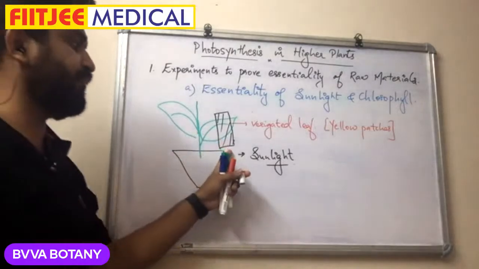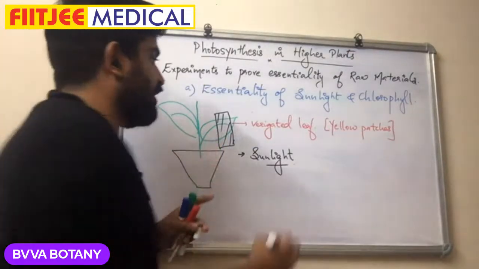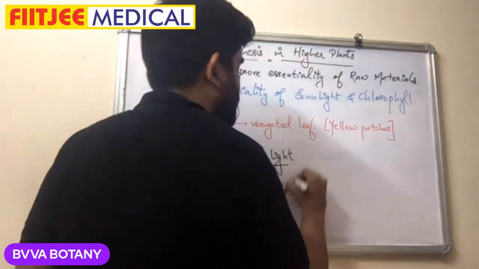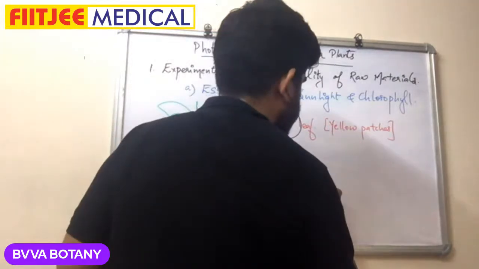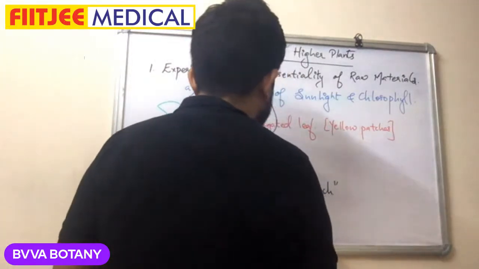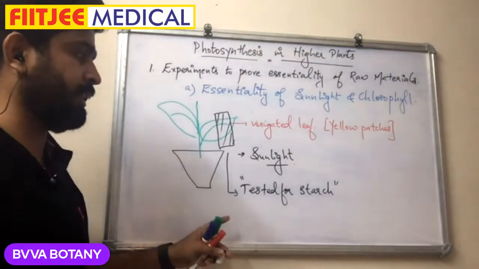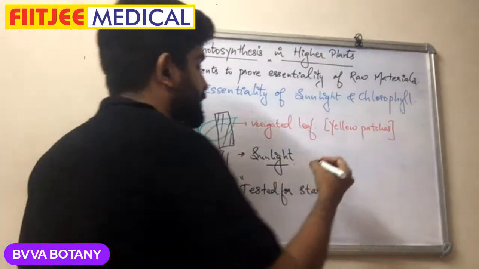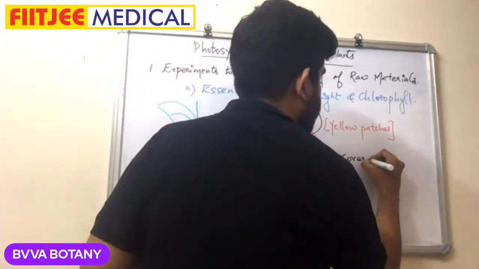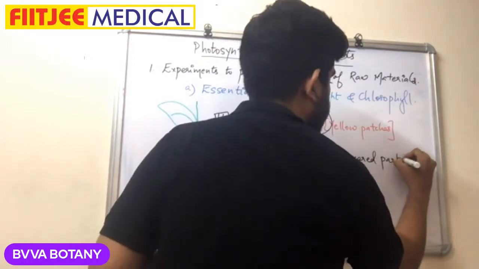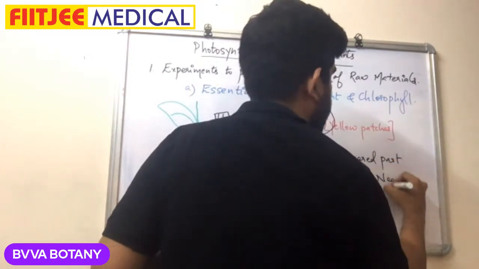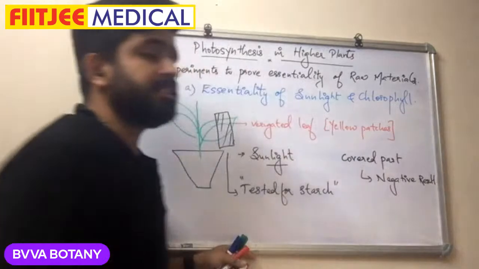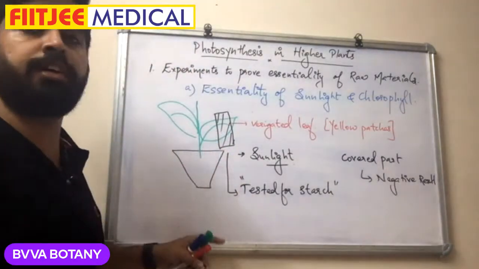Later on, the leaf which is covered is tested for starch. We know the iodine test is used to test for starch, and in that test the covered part gave a negative result, indicating starch was not formed in the covered region.